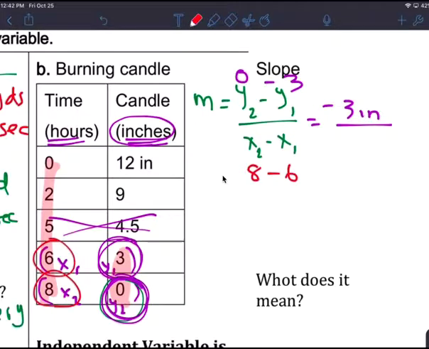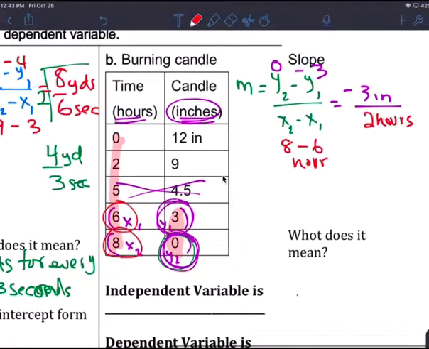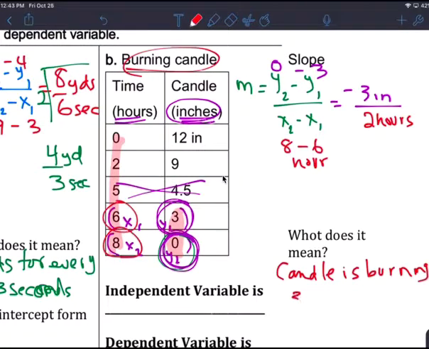And they're hours. 8 hours minus 6 hours is 2 hours. Okay, that's your answer. That means this is the candle burning. So it means the candle is burning 3 inches every 2 hours.